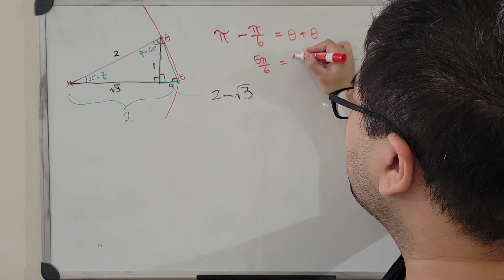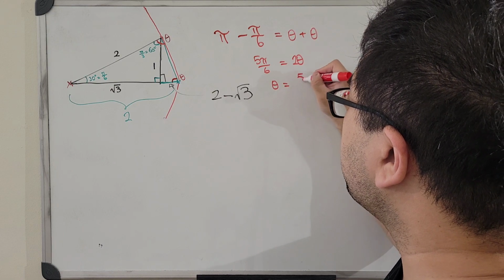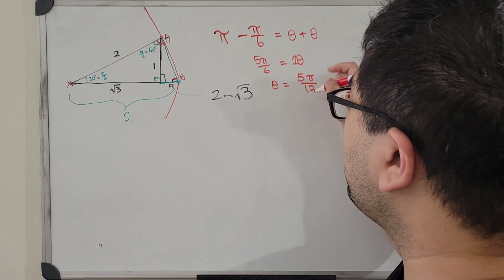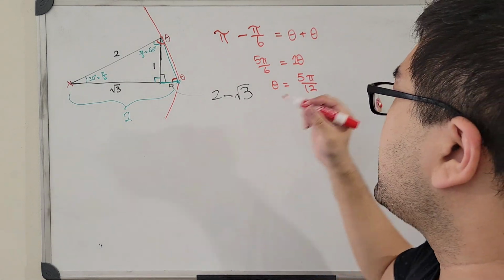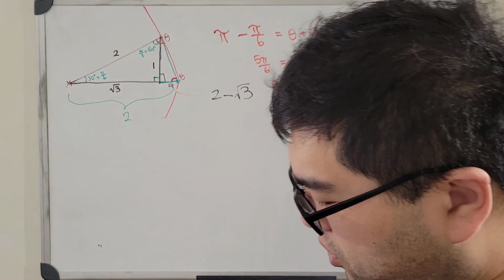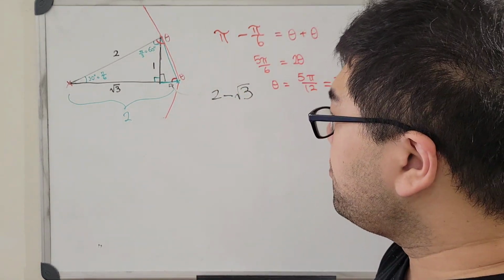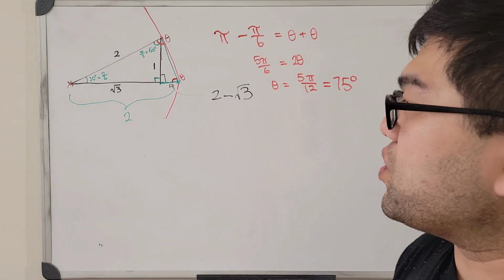Okay, and we just have 2 theta on the other side, meaning that each angle is just equal to 5 pi over 12 as we divide 2 on both sides. And again, that's just equal to 75 degrees. So now we have the 75 degrees that we want.